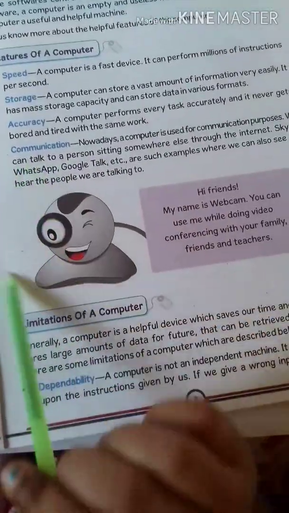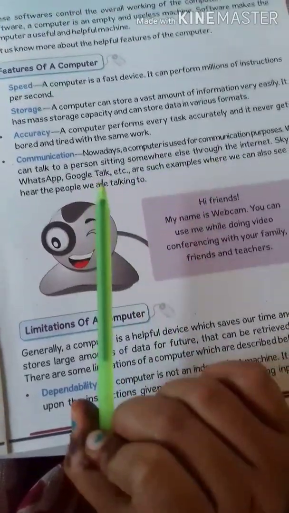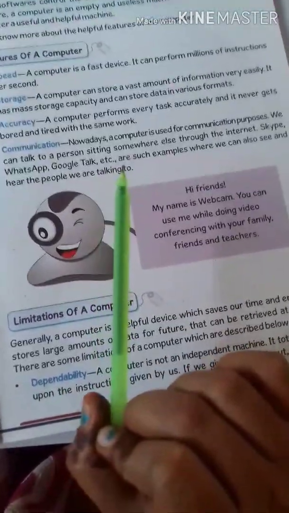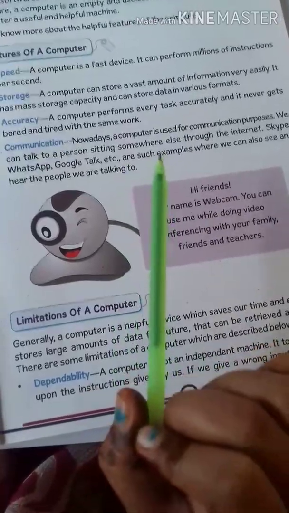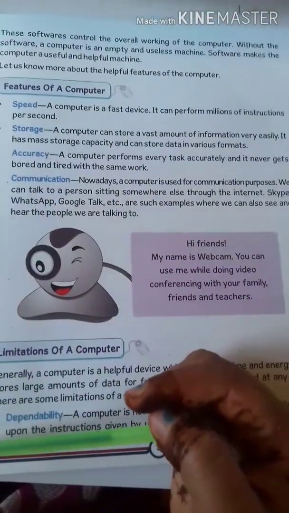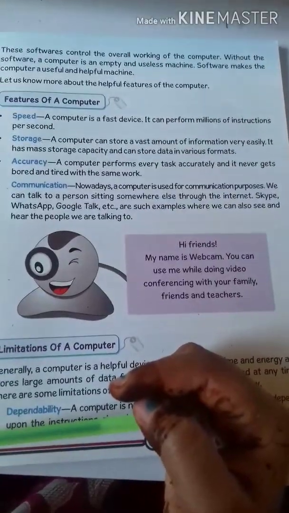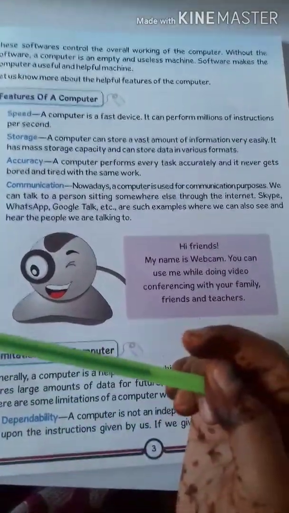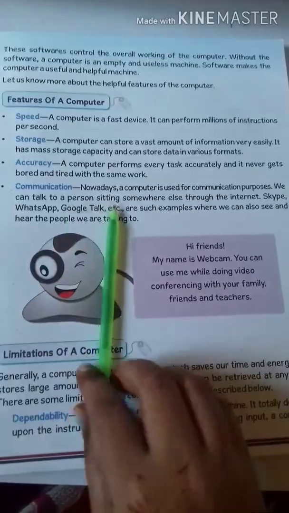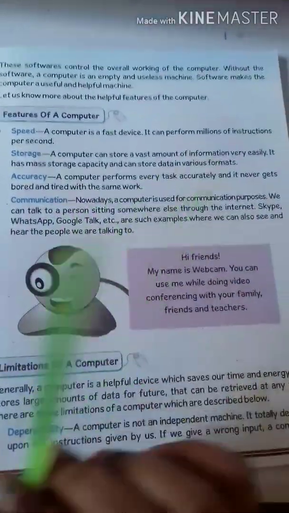Next is accuracy. A computer performs every task accurately and it never gets bored or tired with the same work. But you and me and all humans, doing the same work one time, two times, sometimes get bored and tired. But a computer is not bored or tired with the same work.